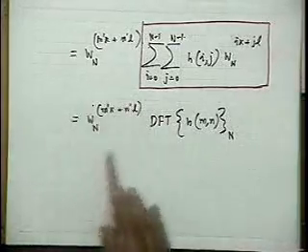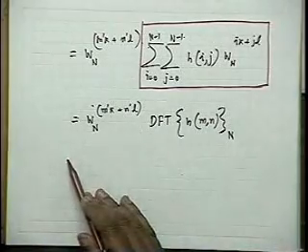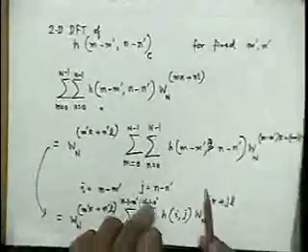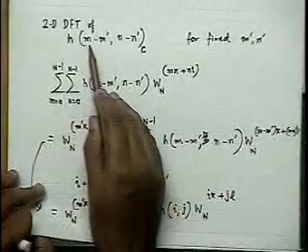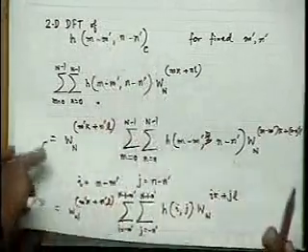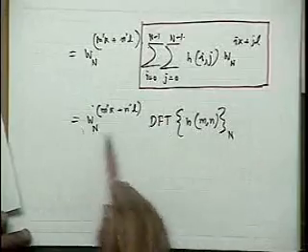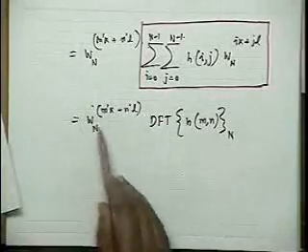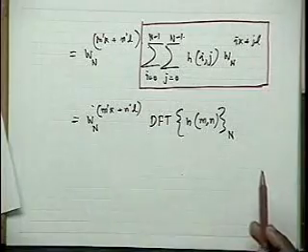This is multiplied by an extra term coming over here, because my original DFT which I was choosing was not on h of m n, but it was the DFT of h of m minus m prime, n minus n prime, which I have done, and the result of that is I got the DFT of h m n multiplied by this extra term concerning m prime k and n prime l.